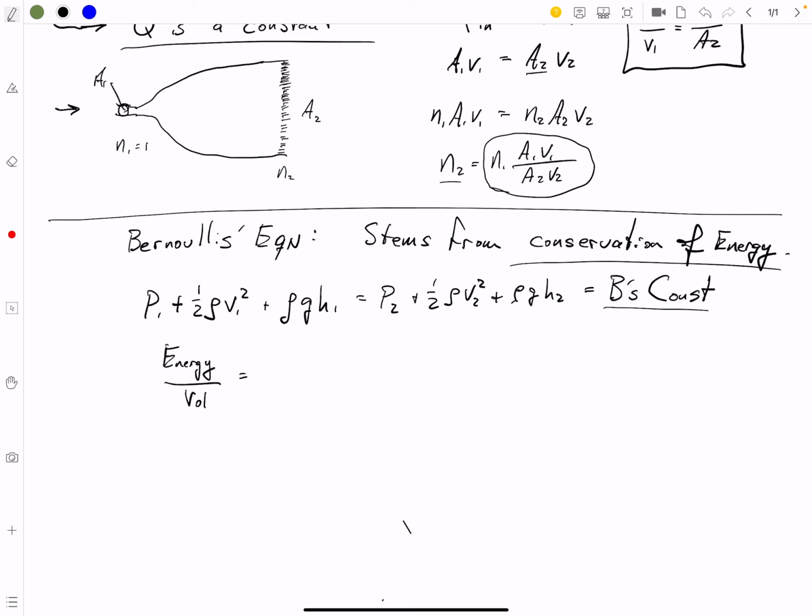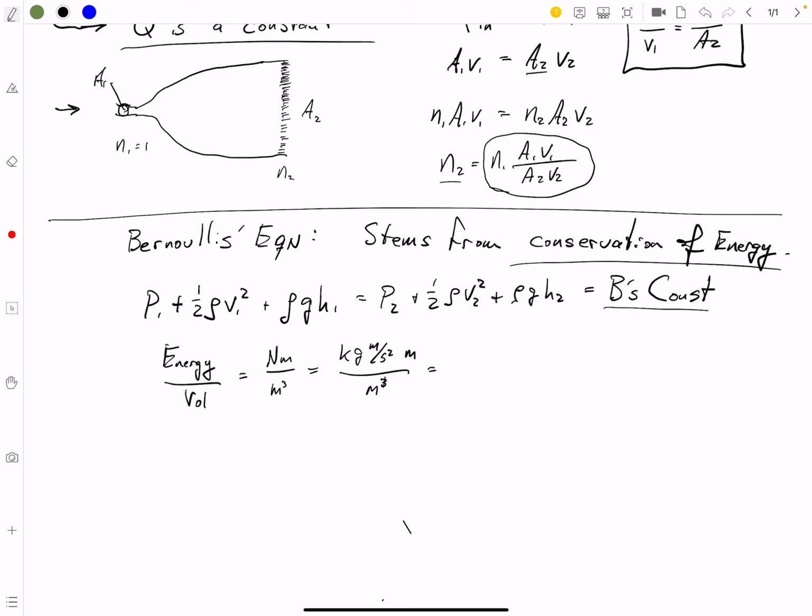It's a joule or a Newton meter divided by meters cubed. But what is a Newton? A kilogram meter per second squared. So a kilogram meter per second squared times a meter divided by meters cubed. So we can cancel out some things.